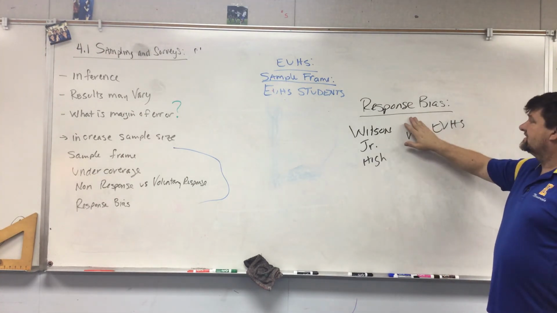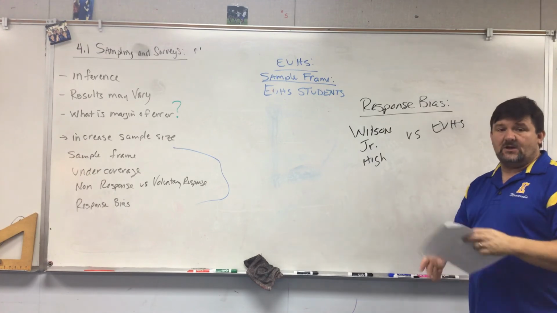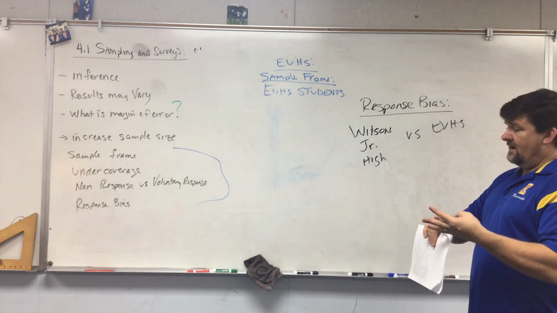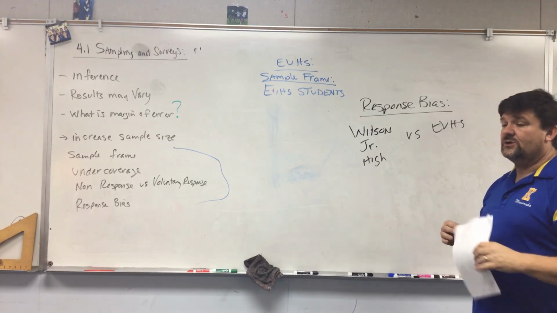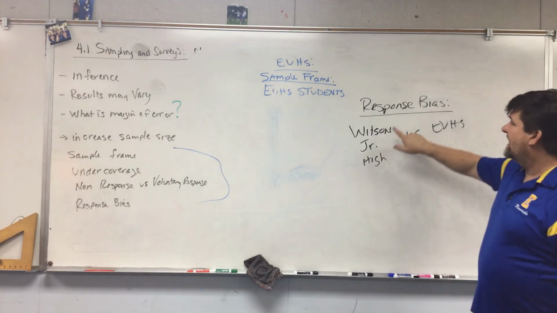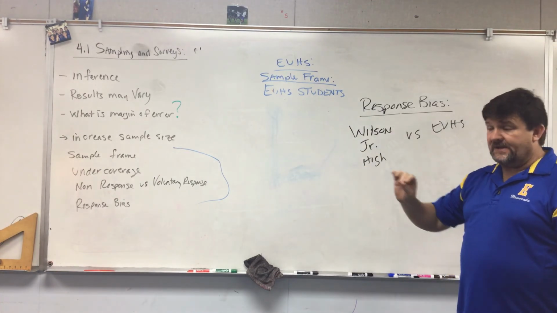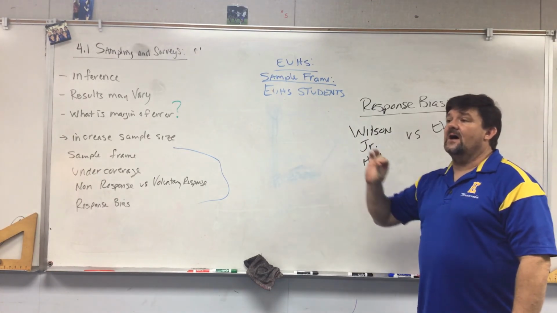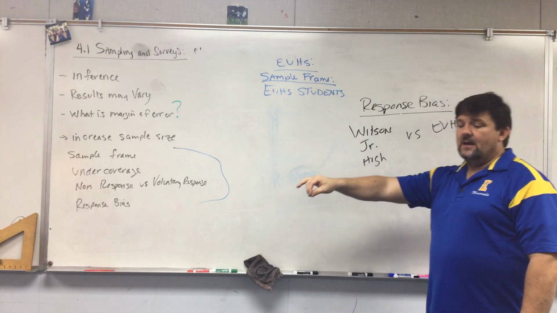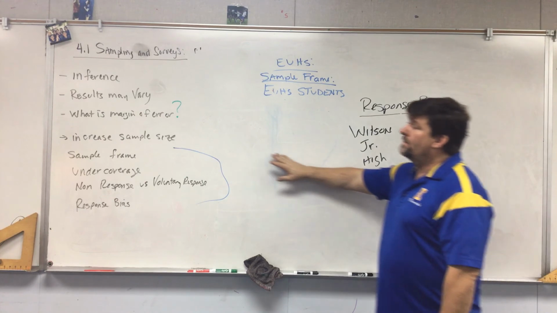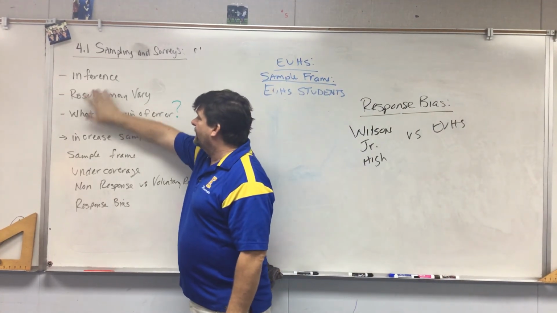So the idea of response bias is you present the question, the person asking the sample, anything that has to do with the question, you present it in a way that you're going to affect their response. Okay, that's the key piece. You're purposely affecting their response, which increases the probability that you won't be able to use inference.